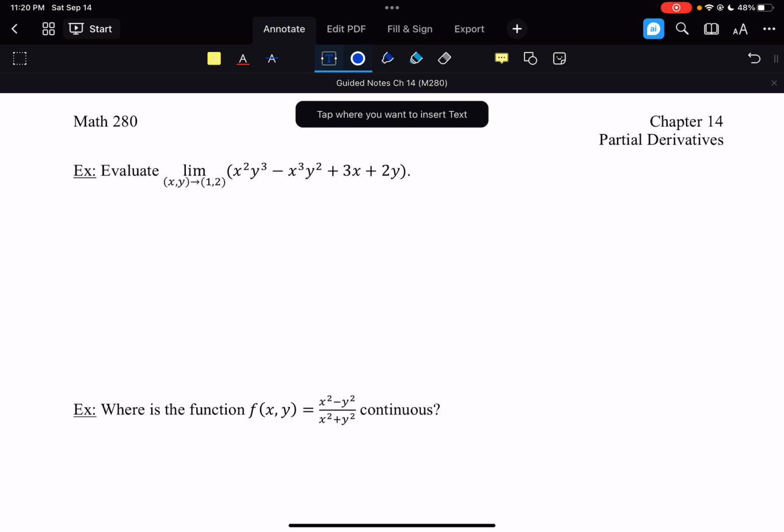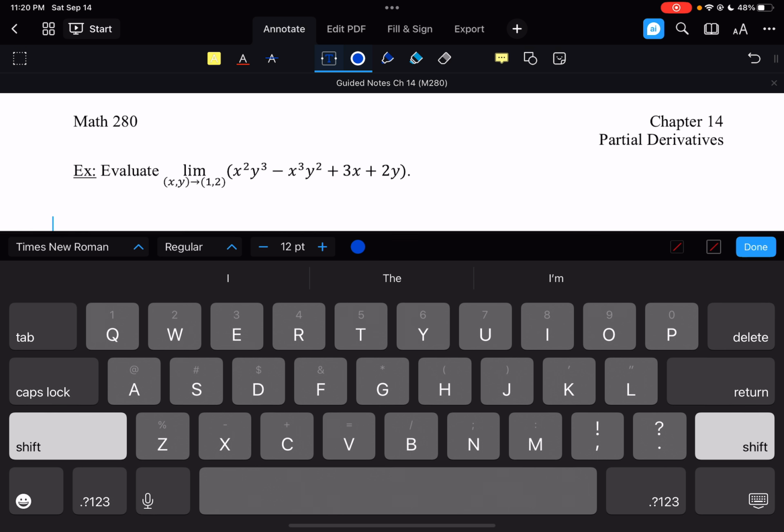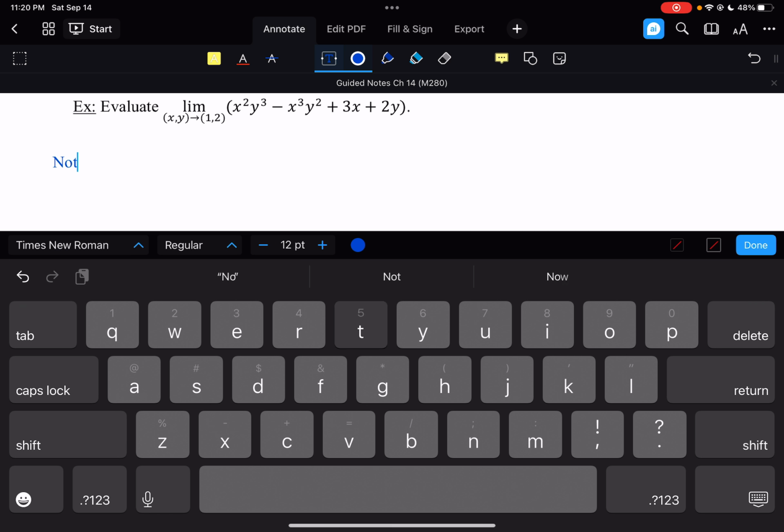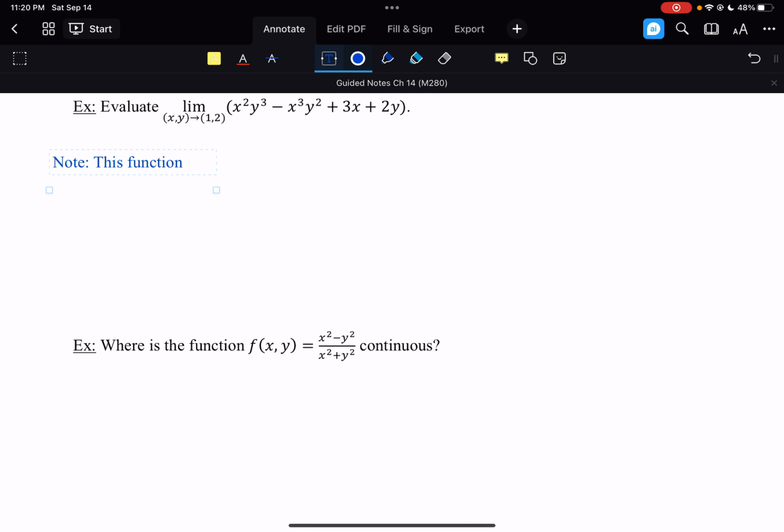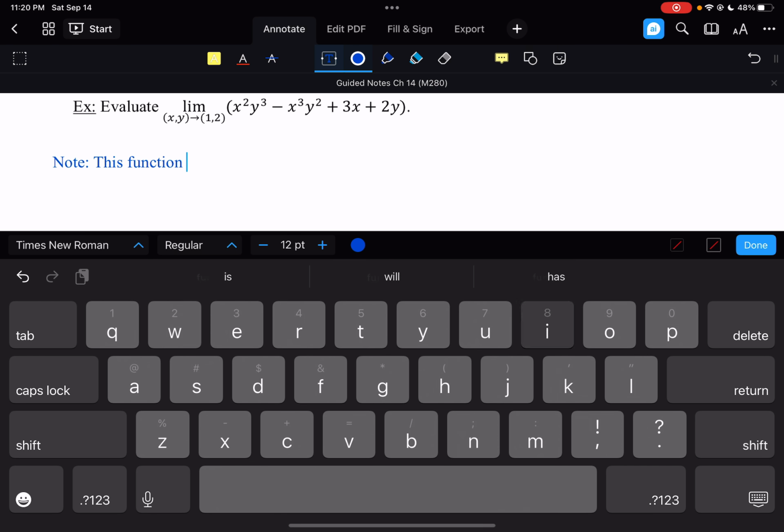So evaluate this function. We'll put a little note right here. Note, this function is a polynomial.